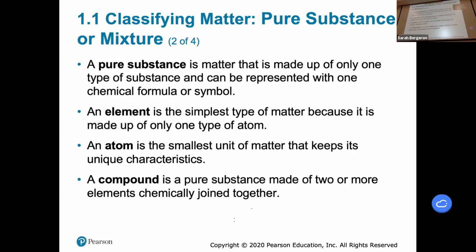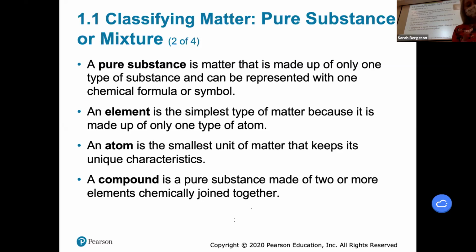If I say I have a brick of gold, that means that my brick of gold all has what inside of it? One kind of atom. Atom is the simplest form of matter, right? So you have all gold atoms inside of your brick of gold. That's what makes it a pure substance. That's why every single element is a pure substance.